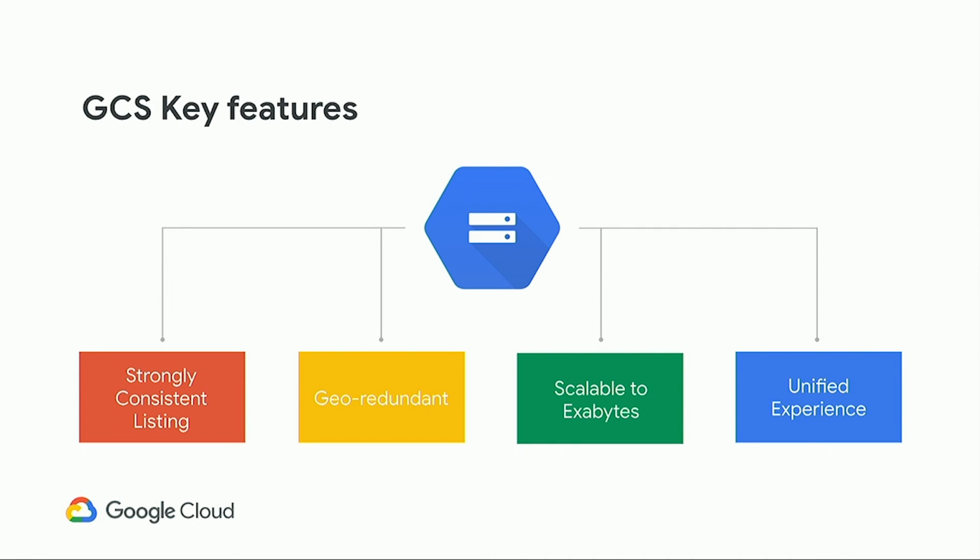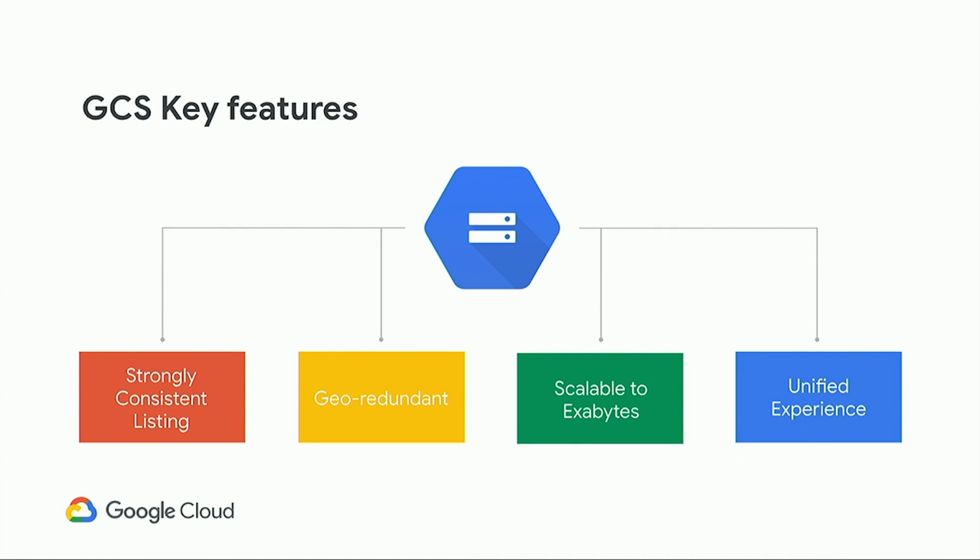GCS is scalable to exabytes. And the fact that we're using Spanner as our metadata storage within GCS really facilitates this scalability. Because we have a highly scalable metadata layer, it allows our storage system to scale to these levels. And GCS provides a single unified experience for all the variety of data that you have.